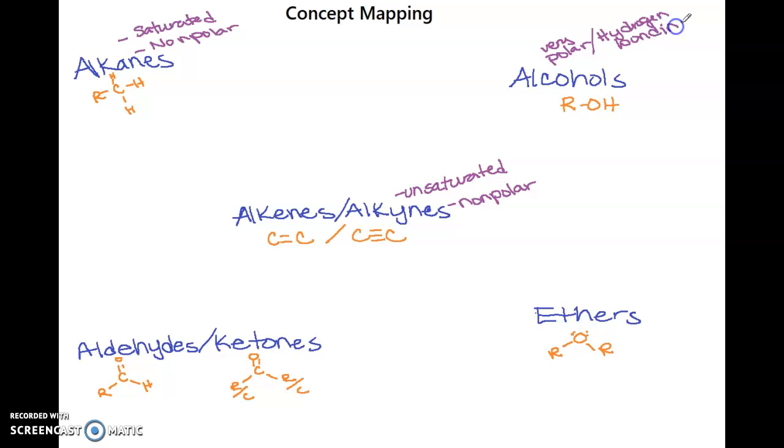The reason that's important to note in comparing these is that if I'm asked to compare across family groups for something like boiling point, I want to use this information. I would expect an alcohol to have a higher boiling point than an alkene, alkyne, or alkane, assuming they're of relatively similar molecular weight, because of this hydrogen bonding.